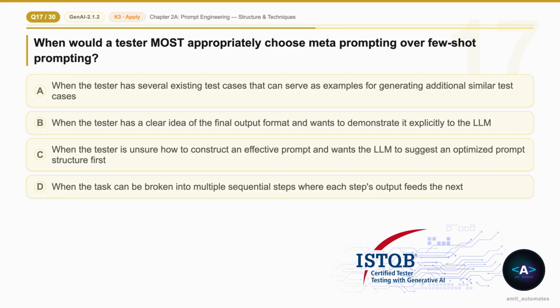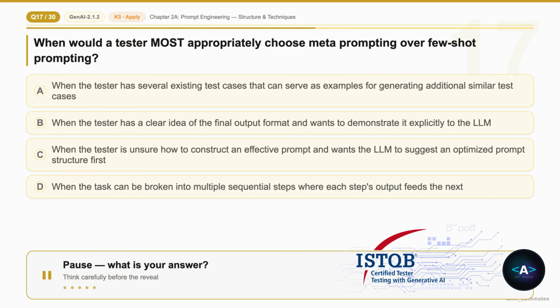B. When the tester has a clear idea of the final output format and wants to demonstrate it explicitly to the LLM. C. When the tester is unsure how to construct an effective prompt and wants the LLM to suggest an optimized prompt structure first. D. When the task can be broken into multiple sequential steps where each step's output feeds the next. Take a moment. What is your answer?